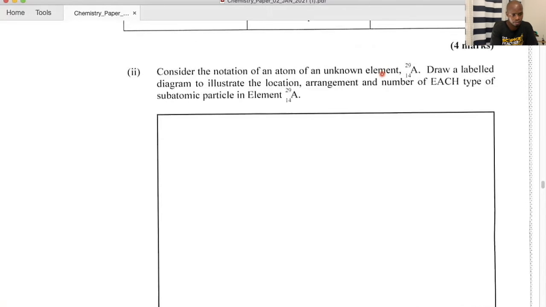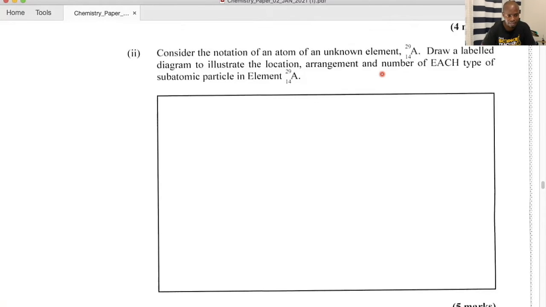Consider the notation of an unknown element A, and we're seeing A right there. Mass number 29, atomic number appears to be 14. We're supposed to draw a labeled diagram to illustrate the location, arrangement, and number of each type of subatomic particle in element A. So based on what we're given here, A, 29, 14. 29 represents the mass number. 14 would represent the atomic number.